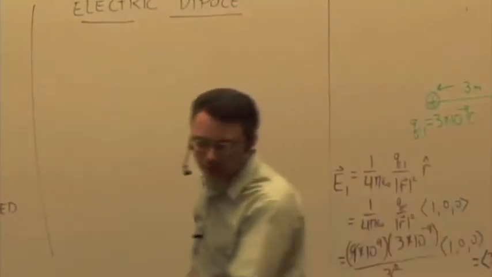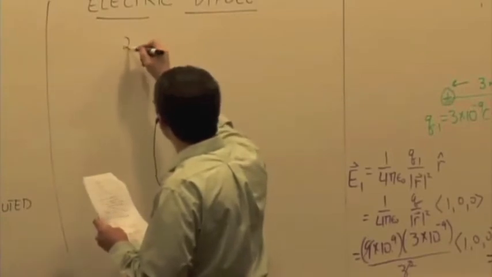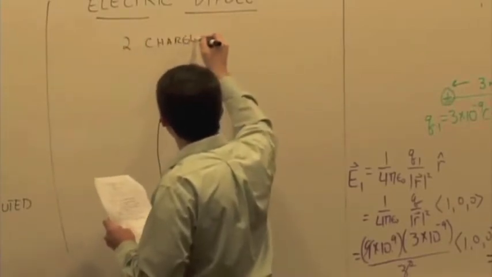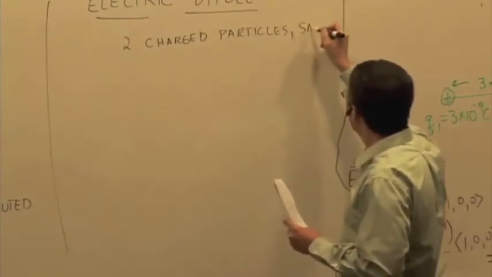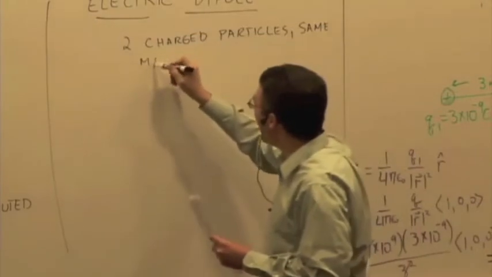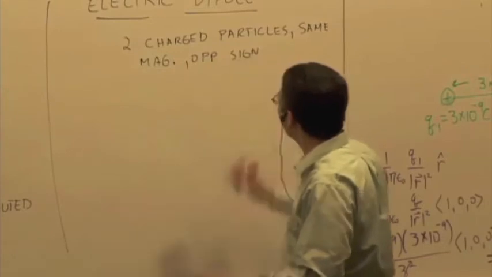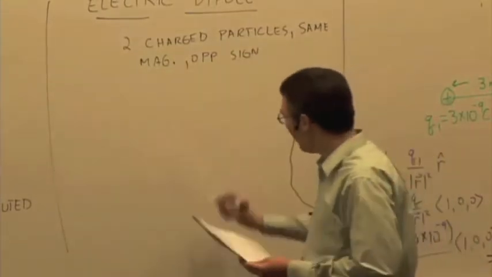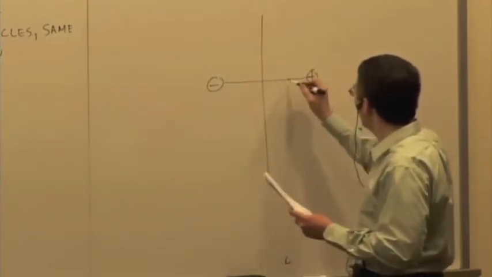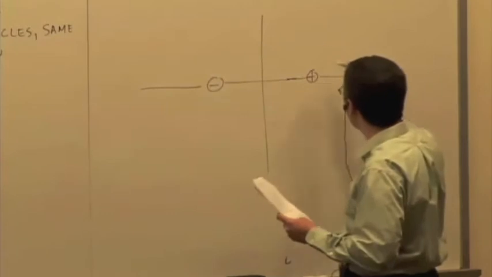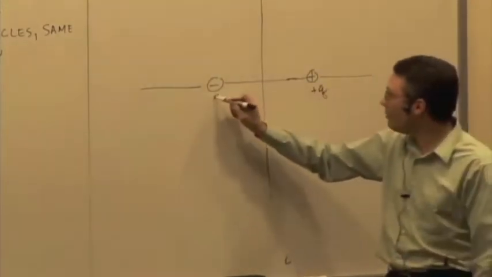So an electric dipole consists of two charged particles of the same magnitude, opposite sign. So we have a positive and a negative. There's a negative charge, here's a positive charge, and I'm going to draw them lying on the x-axis. And if we call this positive Q, then this is going to be minus Q, okay?